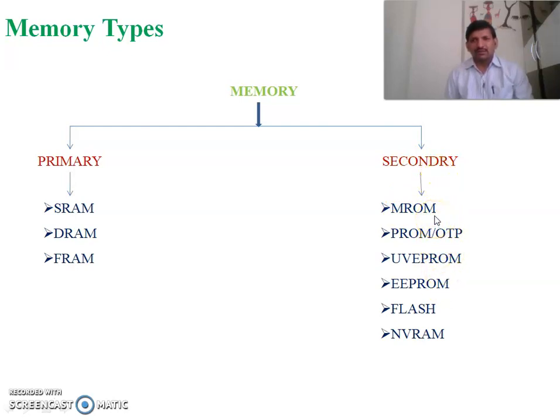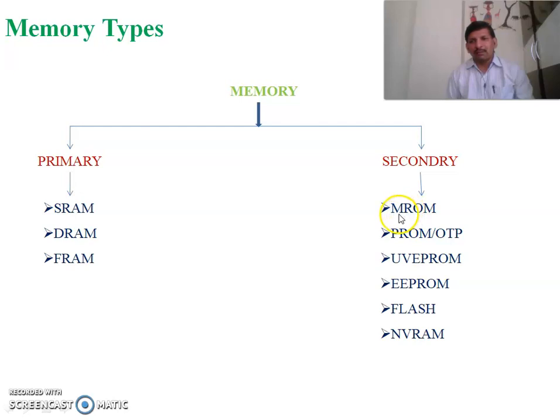The first one is MROM, that is, masked read-only memory. Here, a memory cell is created by using a high threshold transistor. By default, it stores logic 0. Whenever the input voltage is more than the conducting voltage, or threshold voltage, it stores logic 1.